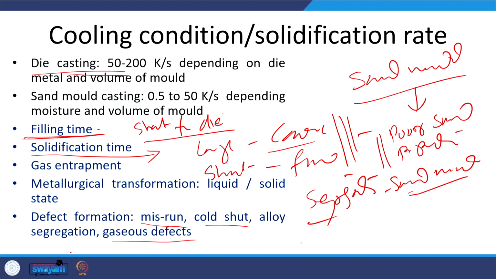Therefore, the segregation will be more in sand mold casting as compared to die casting. Why? Because in die casting, rapid cooling causes the solidification to happen very rapidly, and due to the shorter time, this may not lead to a situation where everything is getting rejected into the molten metal during solidification, and therefore segregation tendency is minimized.